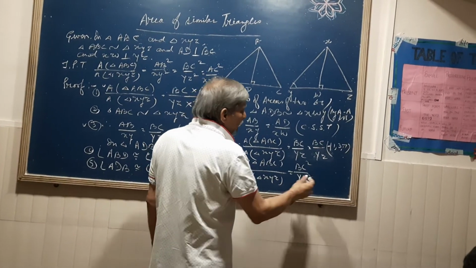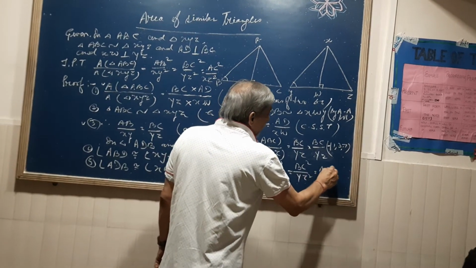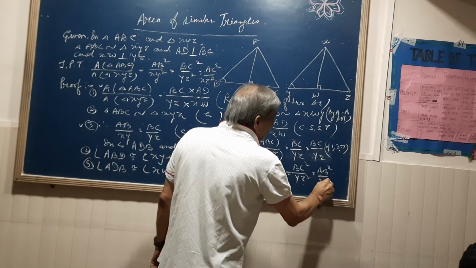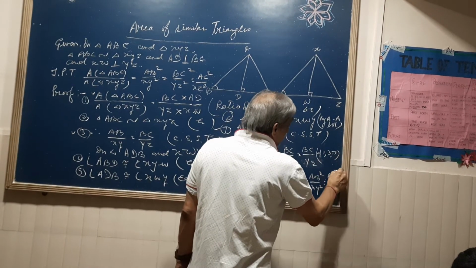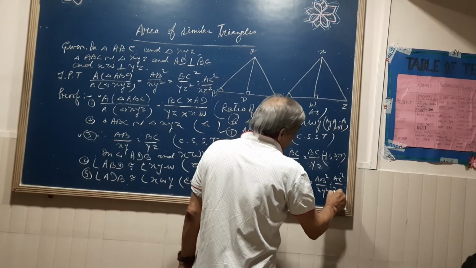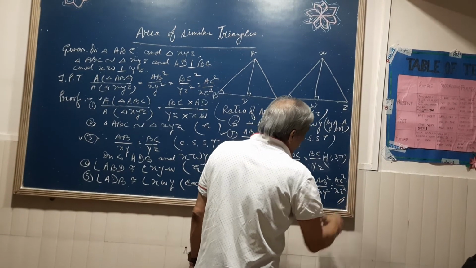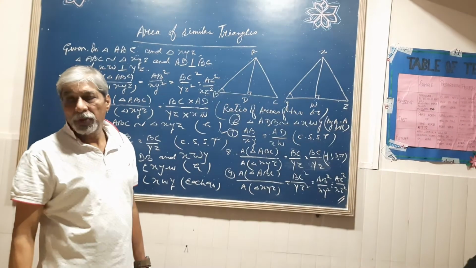Similarly, we can prove the other two parts also. AB square upon XY square is equal to AC square upon XZ square. Hence, proved.